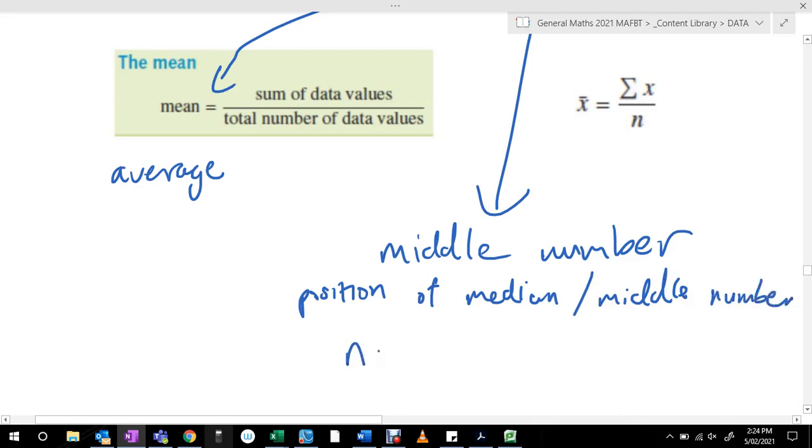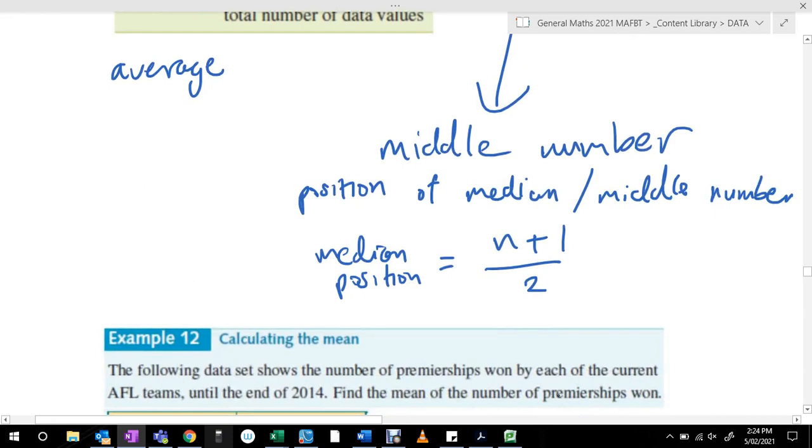I'll call it median position equals n plus 1 divided by 2. Okay, so just keep that in mind. I'll write this in your notes. This is the position of your median, where n is the number of numbers.